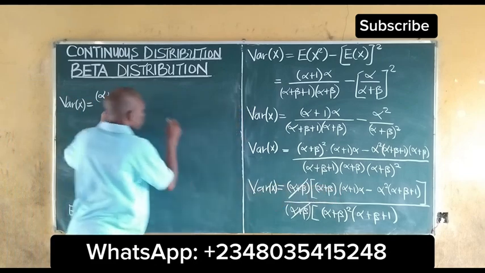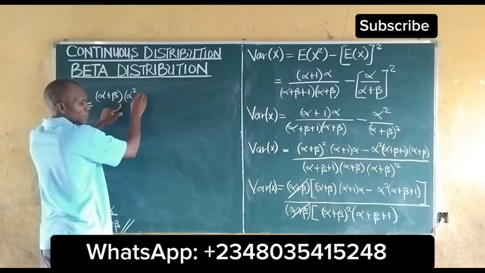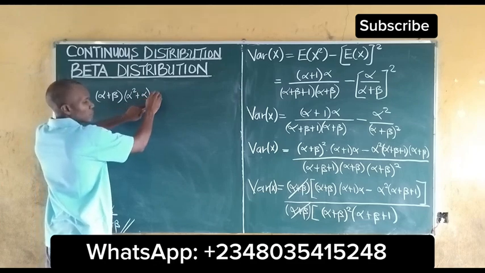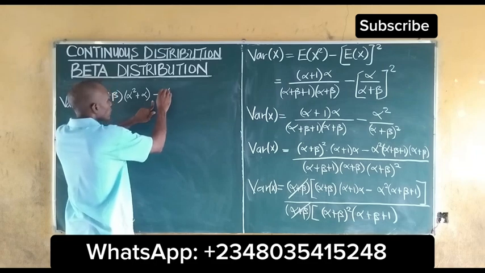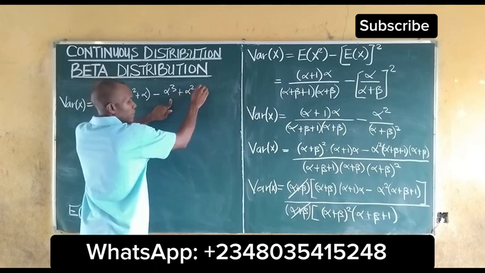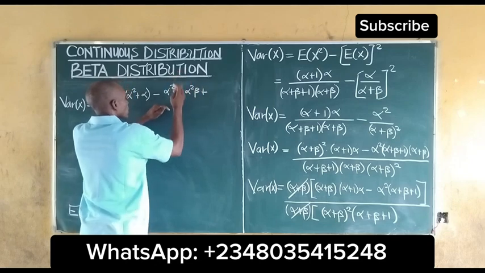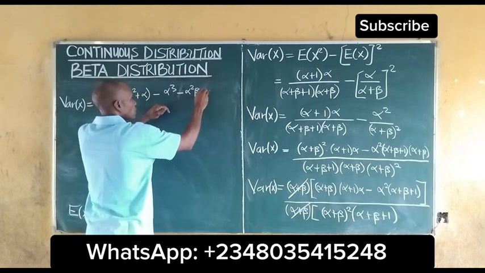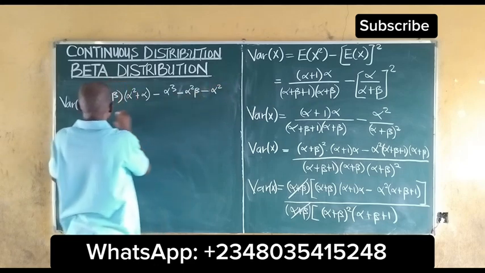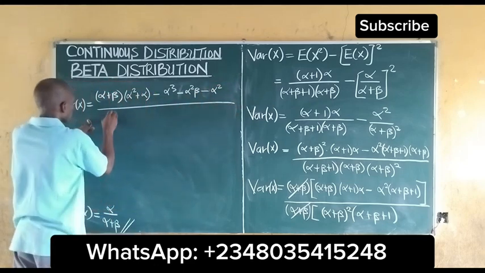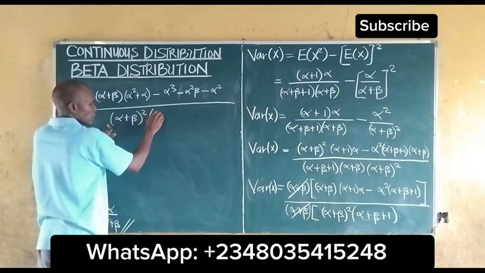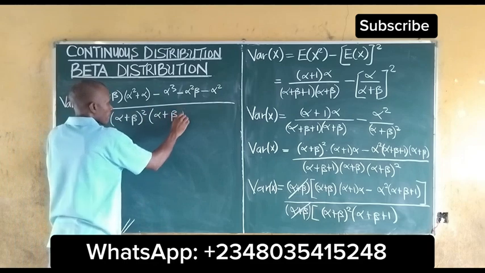We can open these brackets to give us alpha squared plus alpha, minus, we open the other brackets to give us alpha cubed plus alpha squared beta, minus alpha squared all over, this remains the same, alpha plus beta squared into alpha plus beta plus 1.